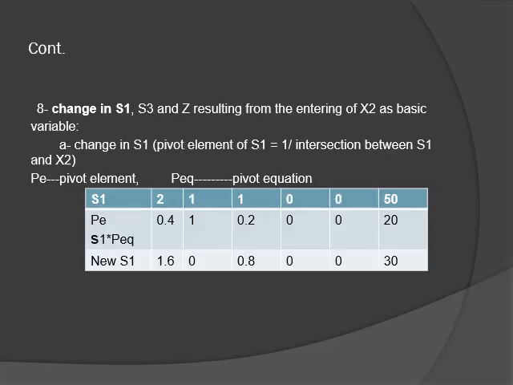Okay, the entering of x2 as a basic variable will lead to a change in S1, S3 and Z, resulting from the entering of x2 as a basic variable.